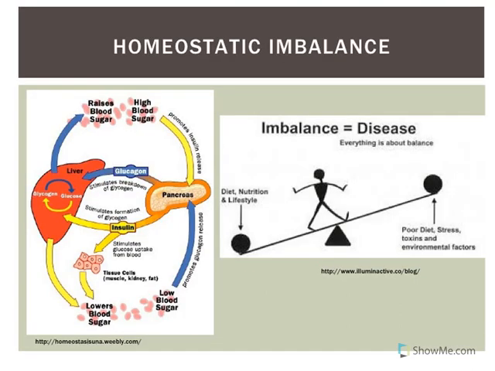Let me give you an example of what happens if we have homeostatic imbalance. We're always trying to maintain homeostasis, so if we have imbalance, I want you to coordinate that with disease.